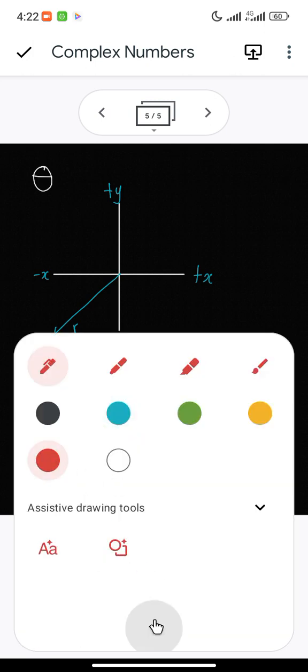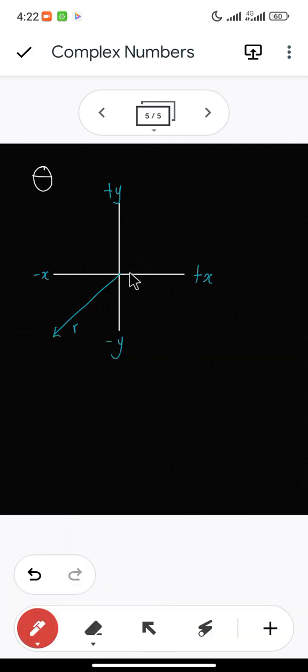To draw our augment, you can move from this point. Remember, you're going upward in an anti-clockwise direction. You can't draw from down, you must draw from up. So we're going to draw starting from this point and we're going to move until we get to r. So this becomes our augment.